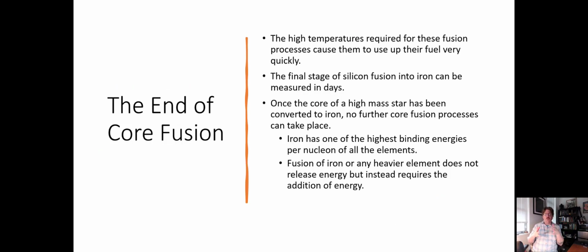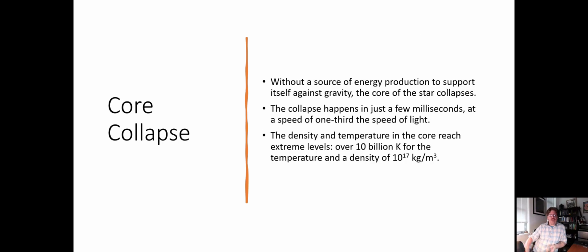So what happens to this thing once it becomes iron? Well, as it happens, the lifespan of a star at this point is measured in days. It rapidly evolves into something else, and it goes through what we refer to as core collapse.